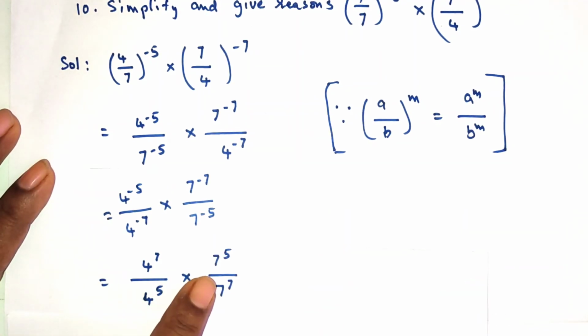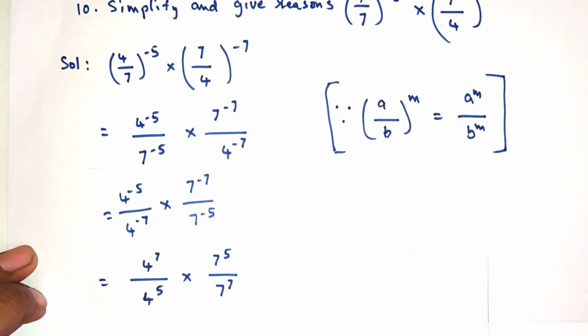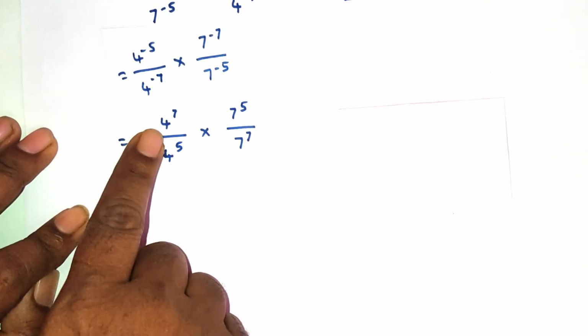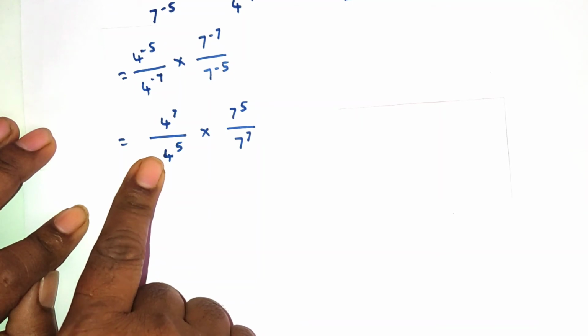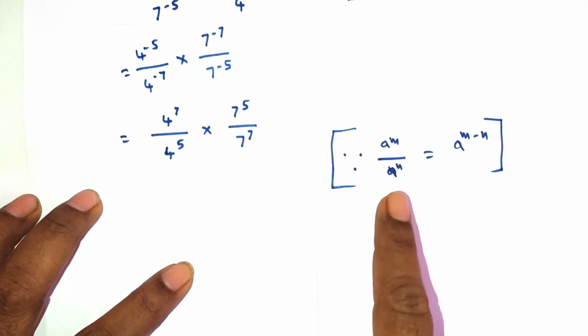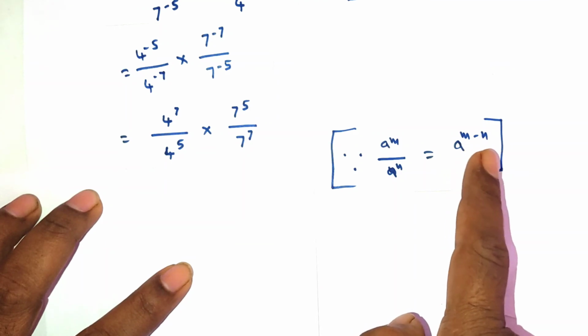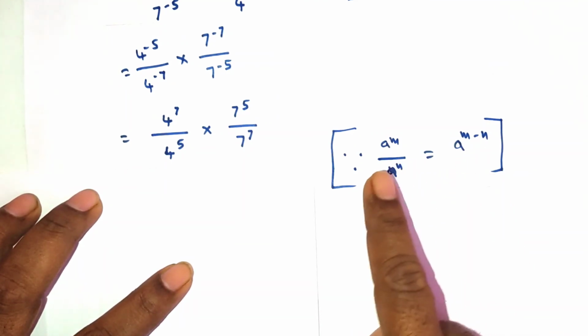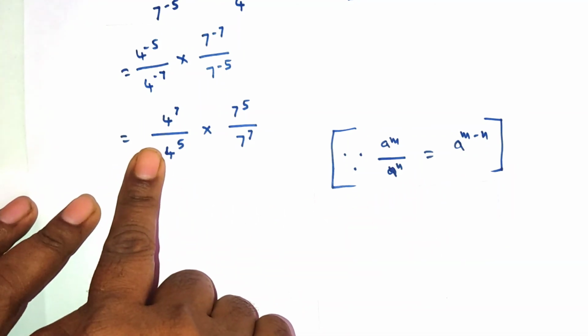Now we got positive exponents for denominator and numerator. When the bases are same like this, we have to apply a law of exponents. This is the law of exponents we have to use when the bases of numerator and denominator are same. a to the power of m by a to the power of n is equal to a to the power of m minus n. By using this law of exponents, let us simplify this fraction first.